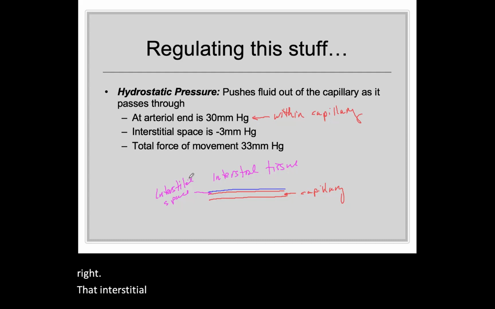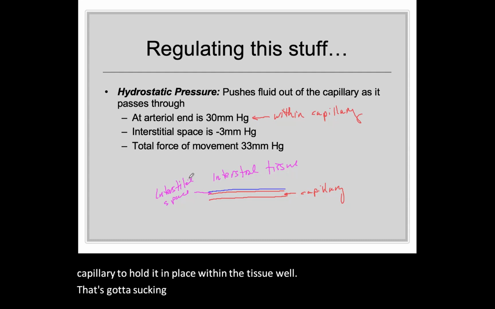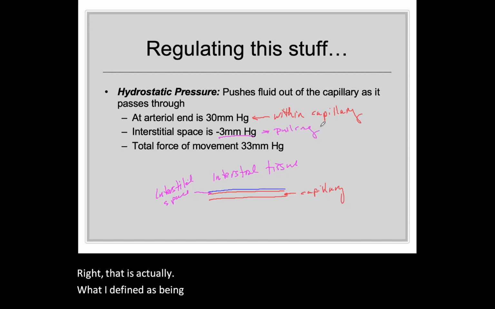It adheres to the capillary to hold it in place within the tissue. That has a sucking effect on the capillary. And so where you see -3 millimeters of mercury, that is what I define as a pulling pressure.